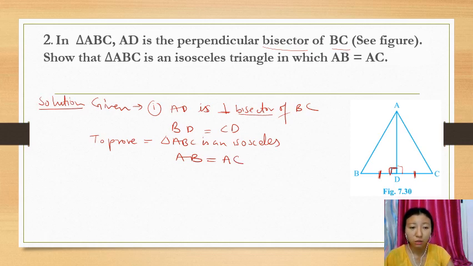All right, so we are going to prove it. Here you can see two triangles, right? In triangle ABD and triangle ACD.